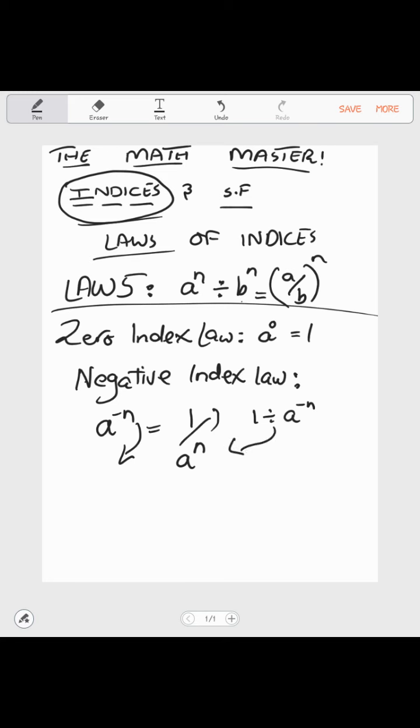The power becomes positive if it's negative, and negative if it's positive. Simply, 1 divided by a to the power n becomes a to the power minus n. It's simple as that. So this was the negative index law. When a number is divided by 1, its power changes its sign, negative to positive or positive to negative.